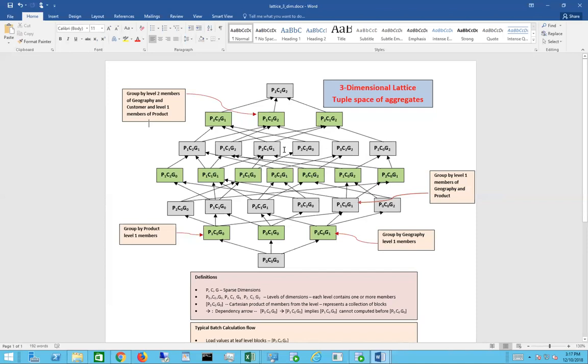It's also easy to prove that the size of this lattice is exponential, because we are multiplying. It's exponential in terms of the number of levels of the different dimensions, but the specific number of aggregates is exponential in the number of member combinations.